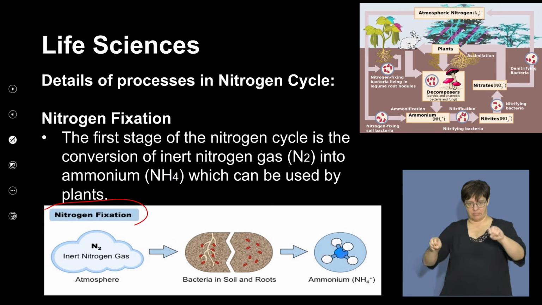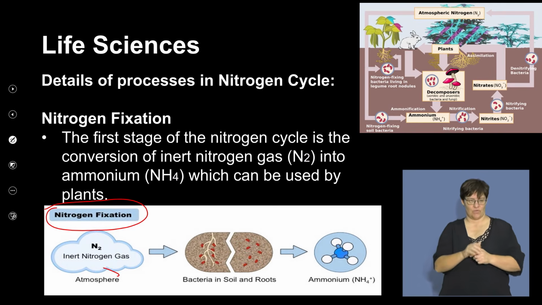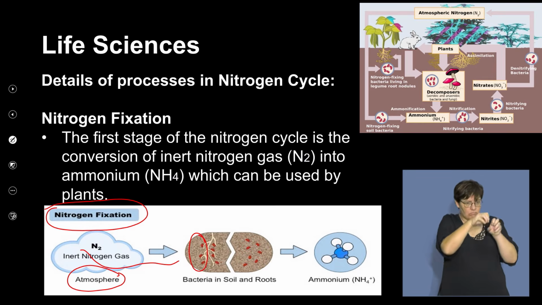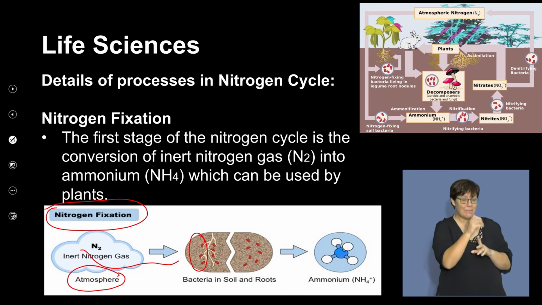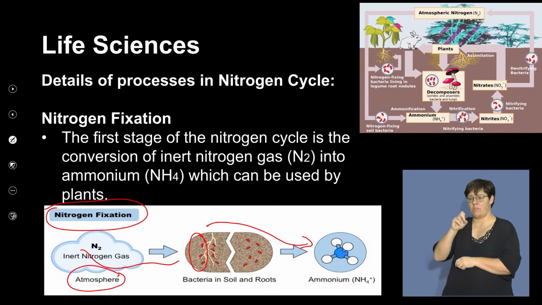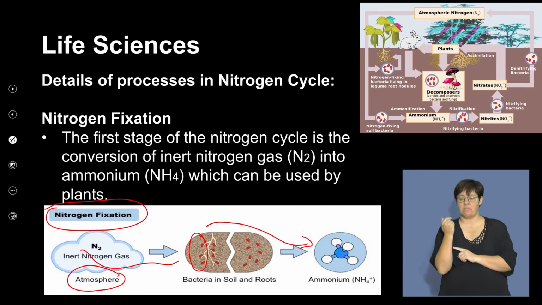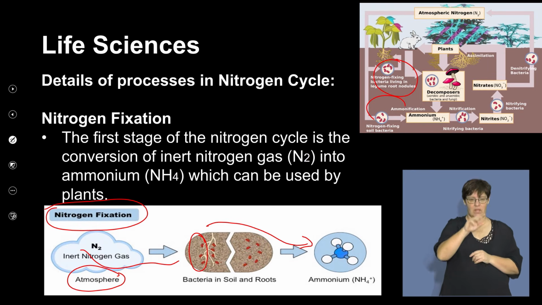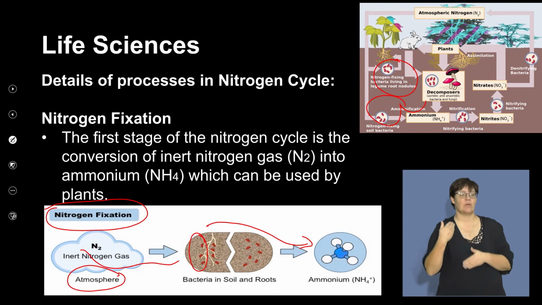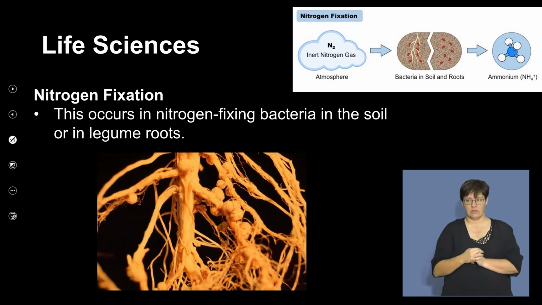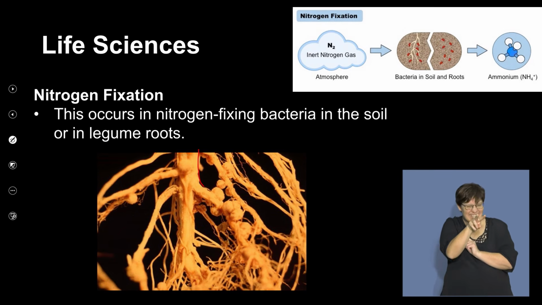Again, that process can be illustrated here where atmospheric nitrogen is used by these root bacteria and converted into ammonia, which is then released and used by the plant as needed. So you can see here ammonium is used by the plants, and this ammonium is available for the process of protein synthesis.